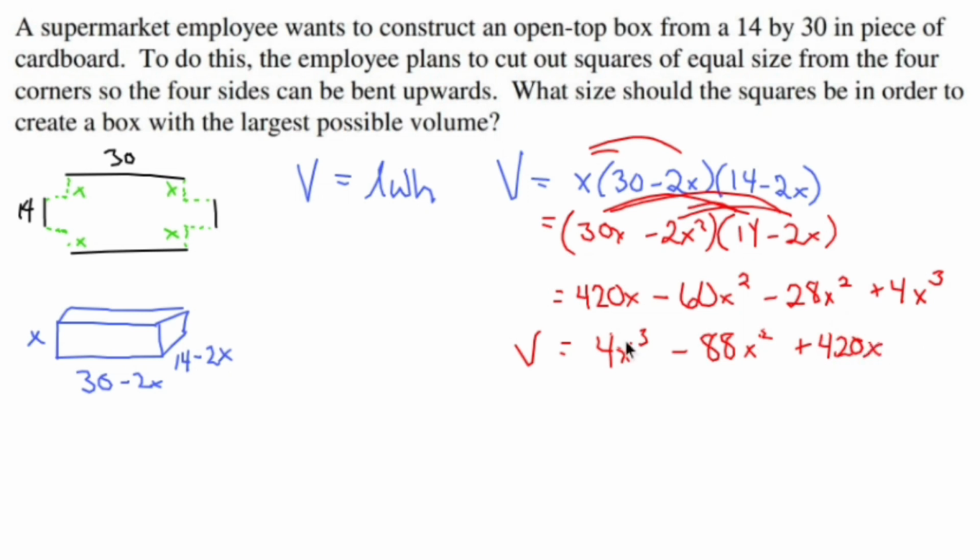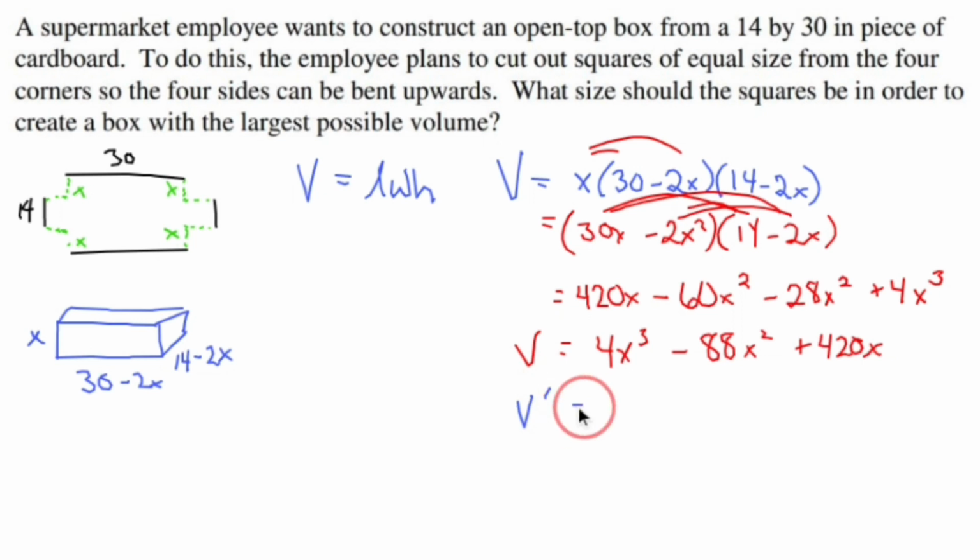Now, I found my volume formula, and there it is. If I'm going to maximize it, I need to take the derivative and find critical points. This is very, very similar to when you do extrema, maxes and mins. But I'm going to add a little extra thing to it. It's not just relative extrema. I have to go one step further. Before I even do any of that, I got to get critical points.